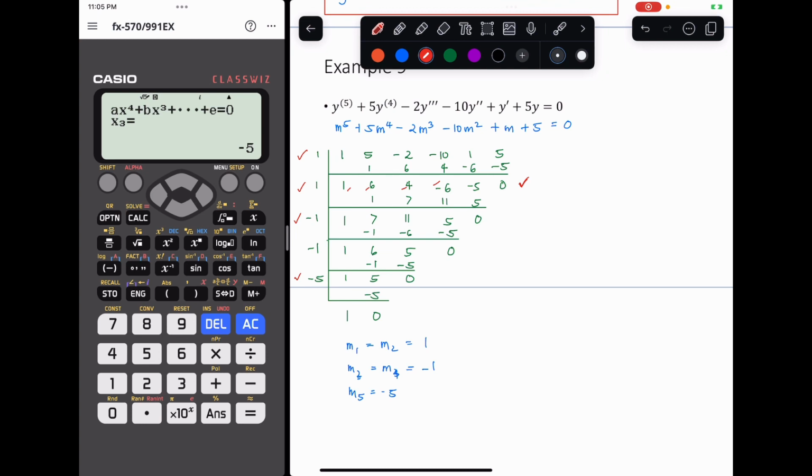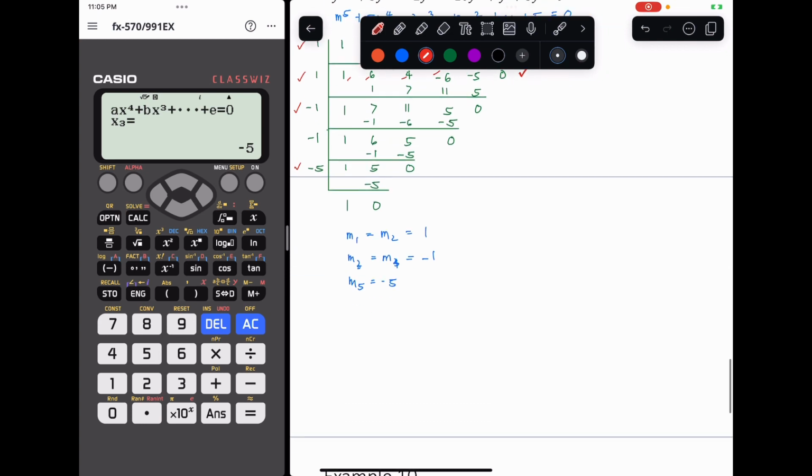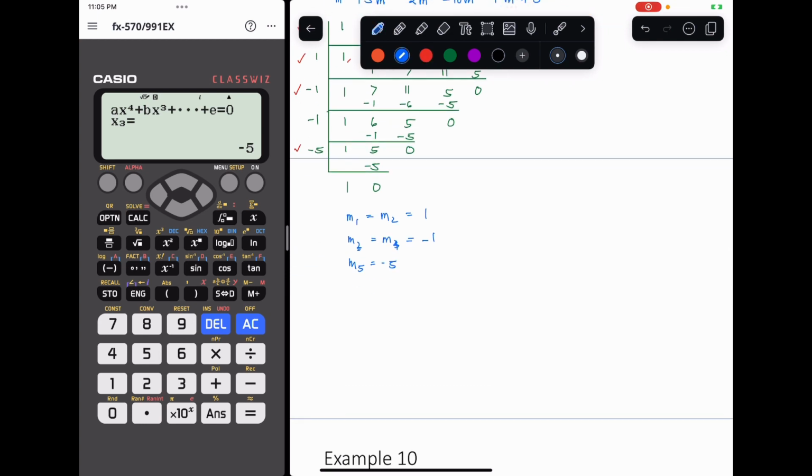The one that repeated is -1, and we don't have an idea about it unless we do the synthetic division. So for our final solution, it's a repeated root for m1 and m2, so that would be c sub 1 e raised to x, plus c sub 2 x e raised to x, as for repeated.